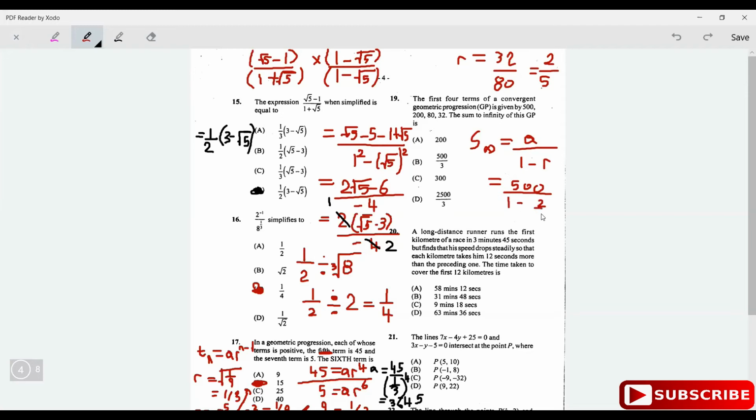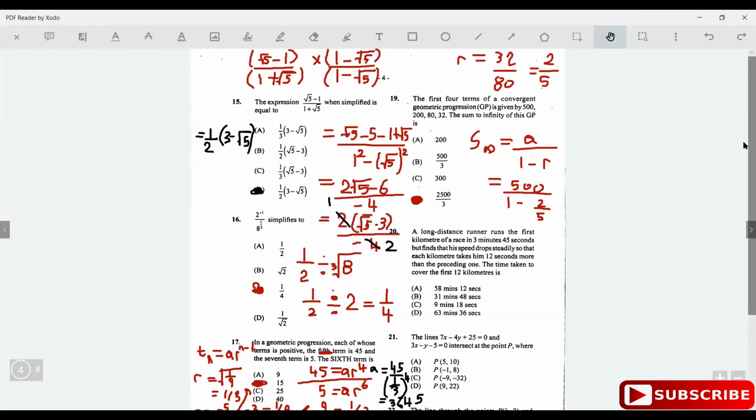You put that in a calculator and you get your sum to infinity. 1 minus 2 over 5. And we have 500 divided by that. That's 833 and 1/3, which is 2,500 over 3. That's the sum to infinity.